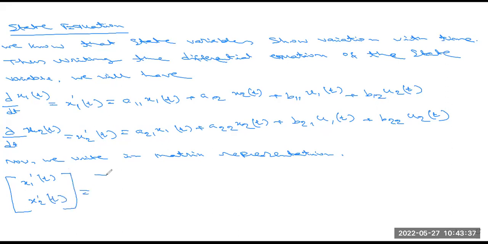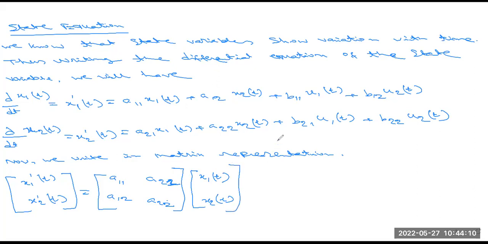This is equal to, as you know from previous classes, a11 a12, then a21 a22, times the variables x1(t) and x2(t). Okay, this part is completed.